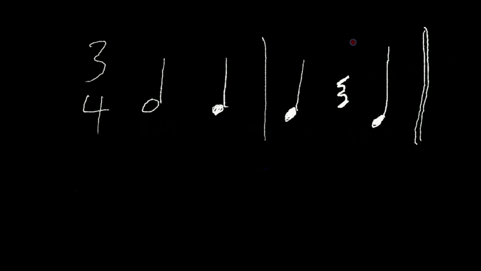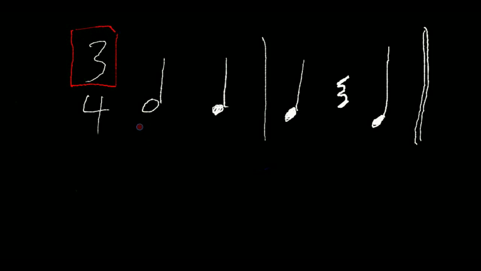Anyway, hopefully you've unpaused the video now, and I'm going to give you the answer as to where the numbers should go. We've got three beats per measure. That's the new thing in this video compared to the other ones. So we're not going to be numbering 1 through 4, we're just going to number 1 up to 3.